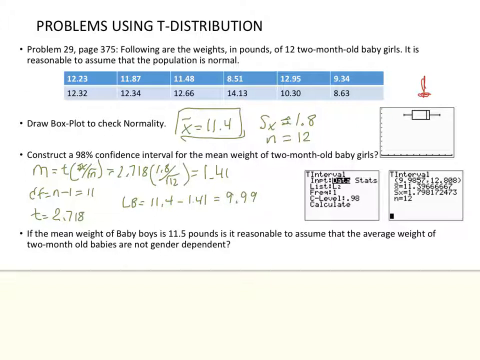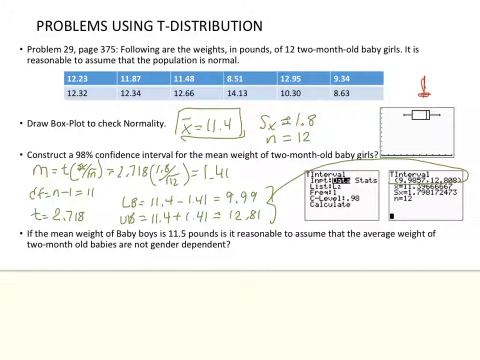And for our upper bound, we get 11.4 plus 1.41, which is approximately equal to 12.81. And so if we look at these two values in comparison to what we got on our calculator, we're pretty accurate.